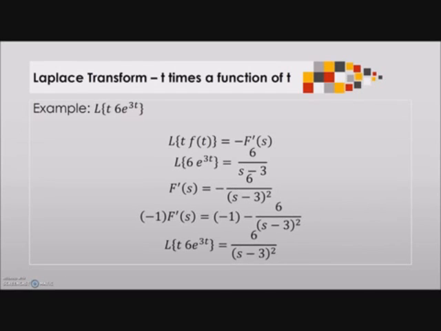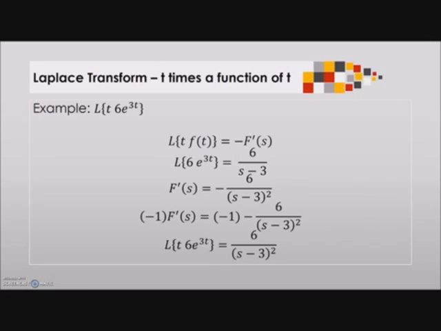Let's have another example. Here we have the Laplace transform of t times the function 6e raised to 3t, where f of t is 6e raised to 3t, and when we get the Laplace transform of this, we will have 6 over s minus 3, and differentiating that, we will have negative 6 over s minus 3 quantity squared.